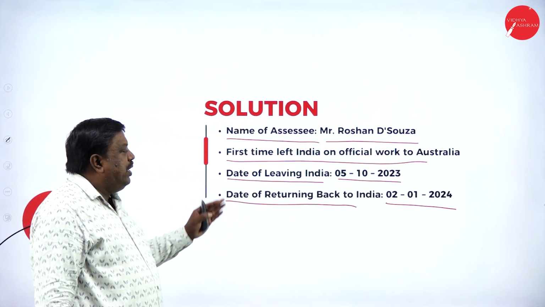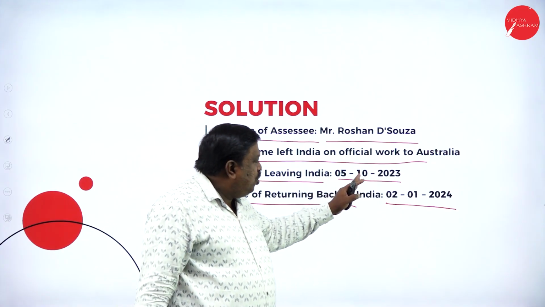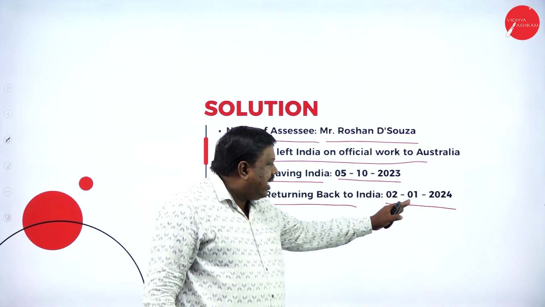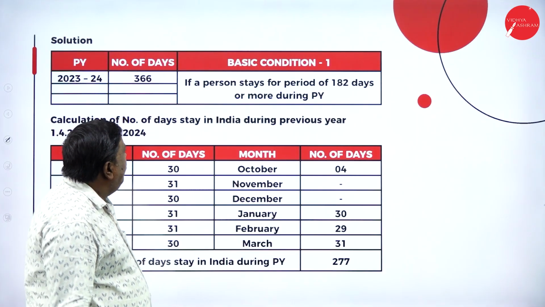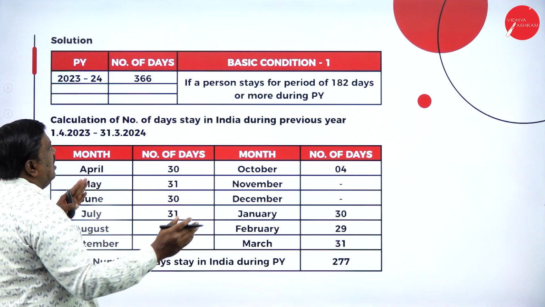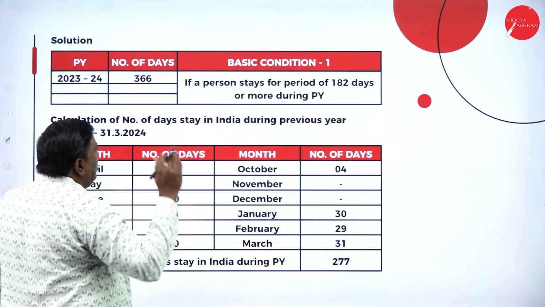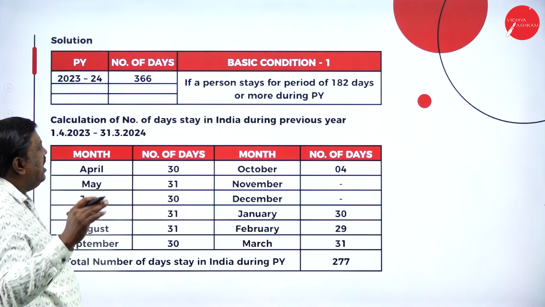This happened during the previous year. From October till January 2nd, he was not in India. So we'll determine now. The number of days in the previous year is 366, because of the leap year, February has 29 days.